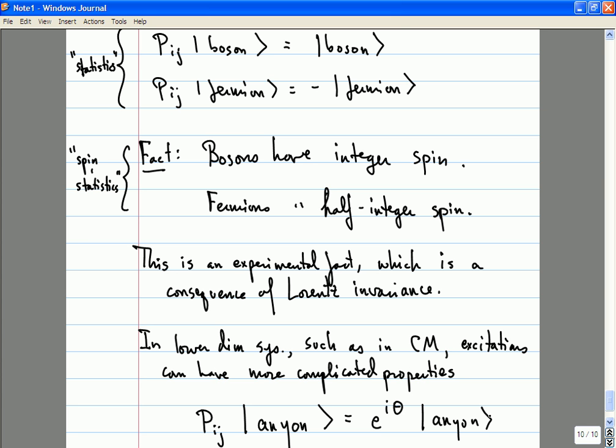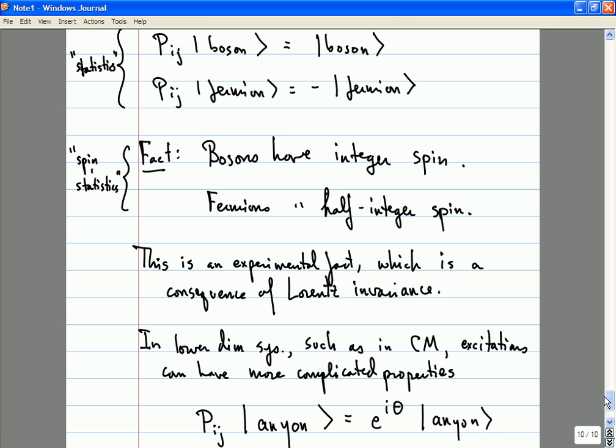Now, they're not observed as fundamental particles, because fundamental particles live in our 3 plus 1 dimensional universe, where the spin statistics theorem holds. But if you look at condensed matter systems, such as systems of electrons that are confined to a plane in some sort of very thin material, for example, you can look at the excitations of that material, and you can move these excitations around each other to interchange them, and you'll see that you'll pick up a phase. Okay, so anyons are observed in nature.